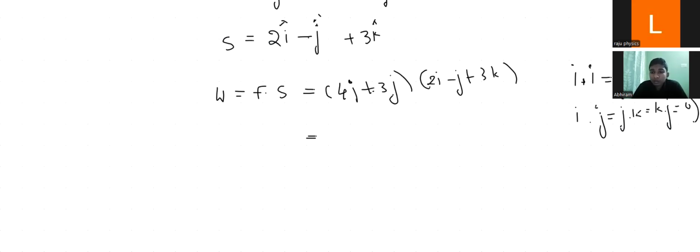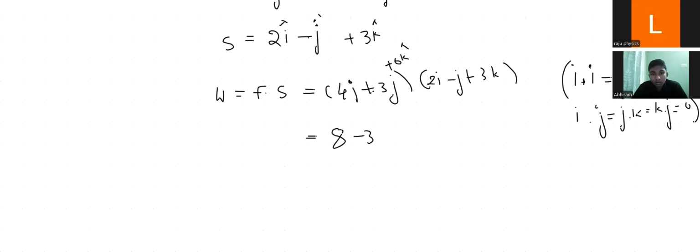Now by using this concept, 4i into 2i is 8, then minus 3. Here the force has no k vector, so directly you can write 0k also.